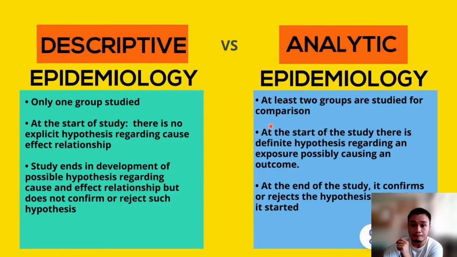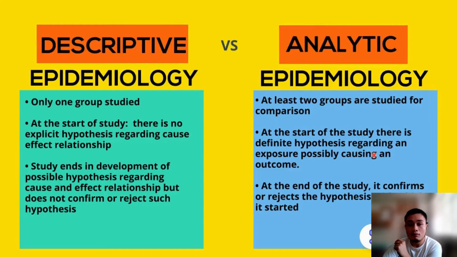So for example, we are not only studying those who are at risk, but we may also compare those who are not at risk or those who are not exposed to see if yung hypothesis natin na na-develop na baka ito ang reason, if it is the reason, then perhaps it's most likely to occur in those at risk, and disease might not occur in those who are not at risk, the comparison group.